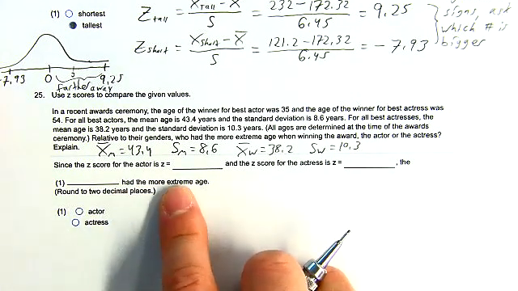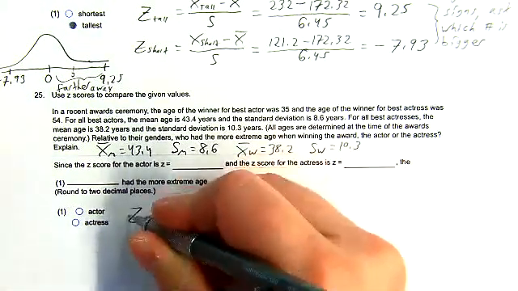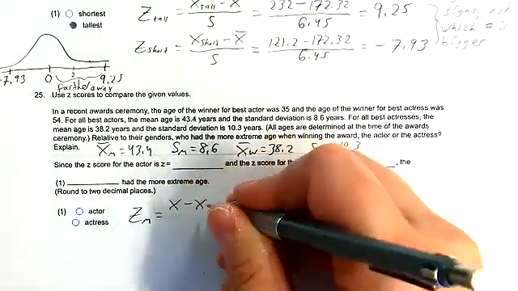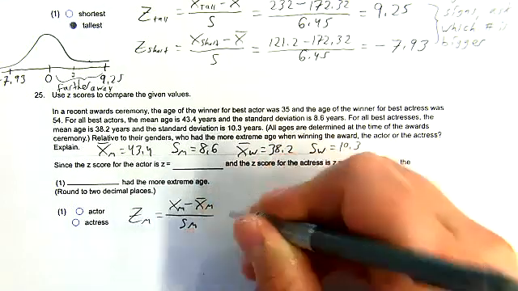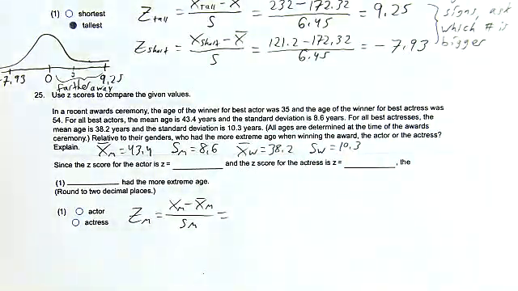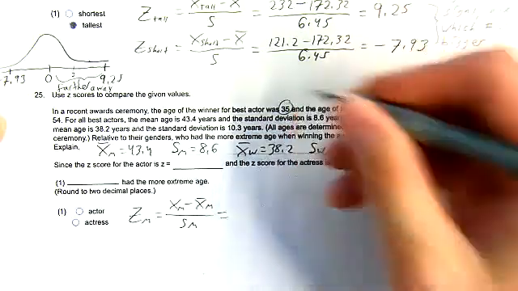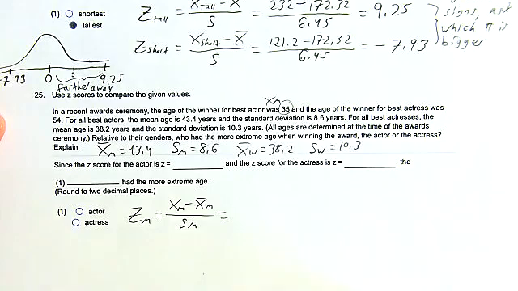Find the Z-score of the actor and the actresses. So Z men is X minus X bar men over S men. X men would be the age of the actor we're considering, and this said the best actor was 35. So that's the age of this man, X men.